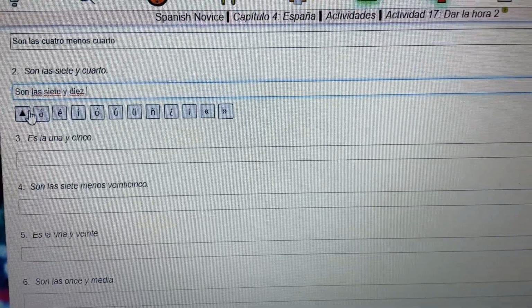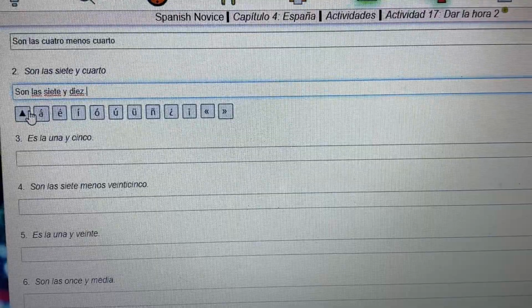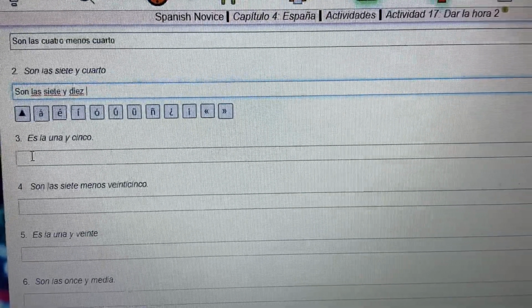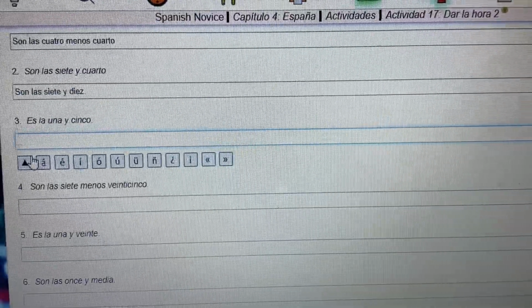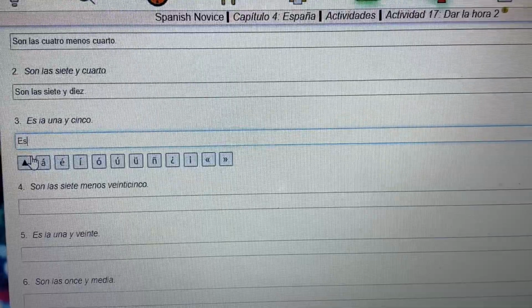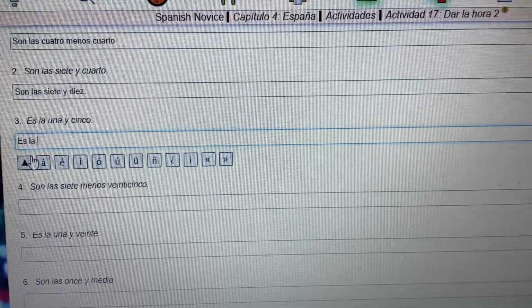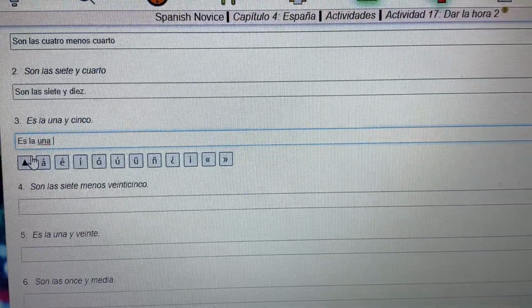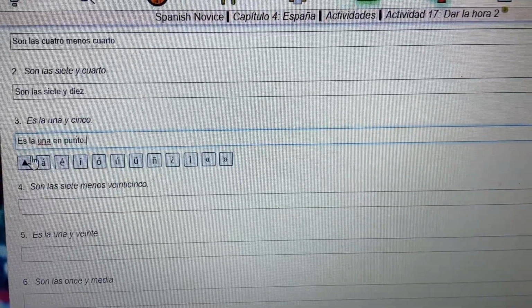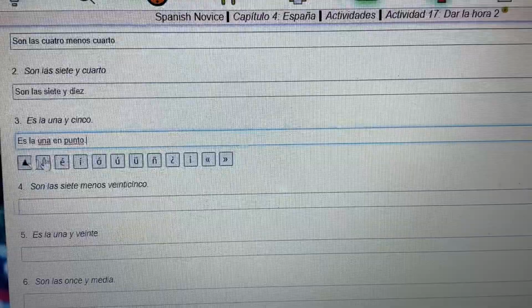Okay, for number three, es la 1:05, so it is 1:05. If we subtract 5 minutes from 1:05, it's going to be 1 o'clock on the dot. Es la 1:00, period.